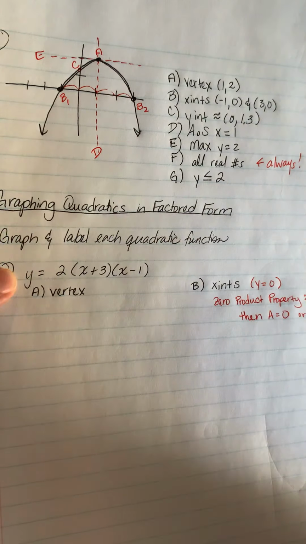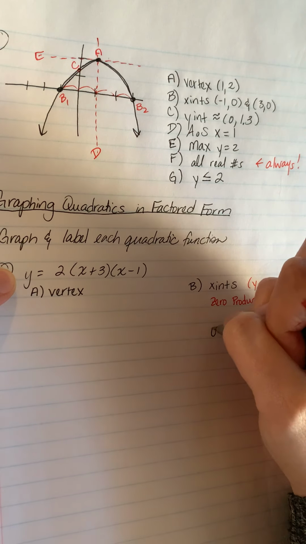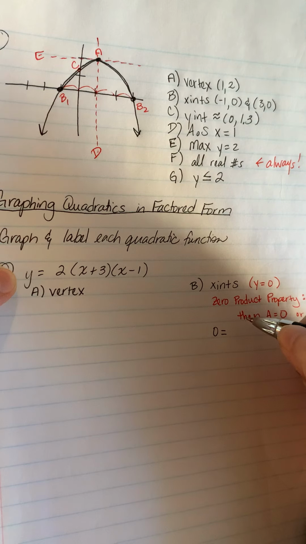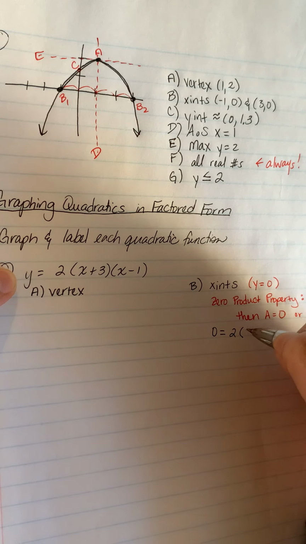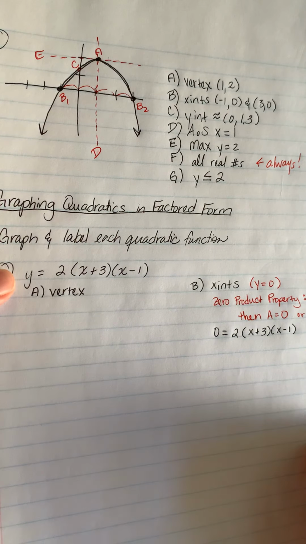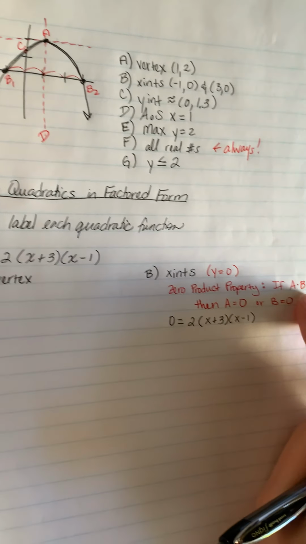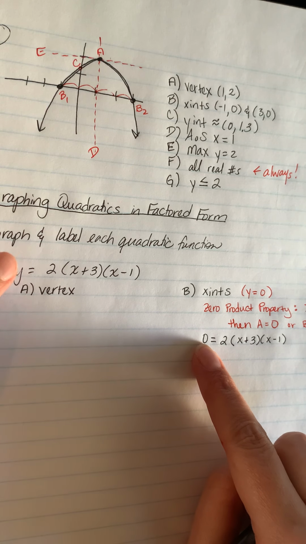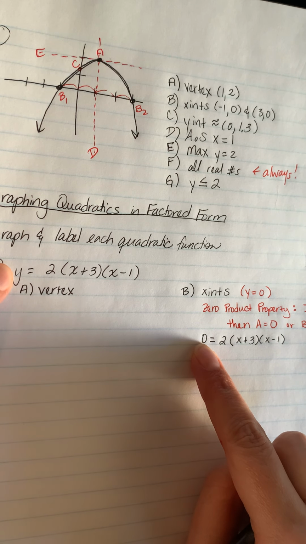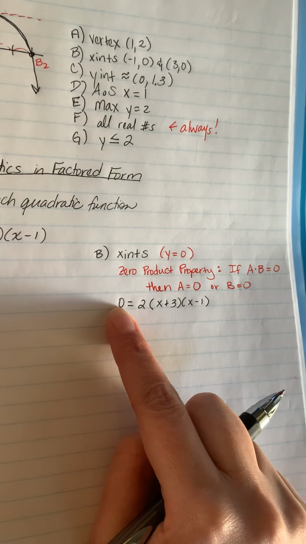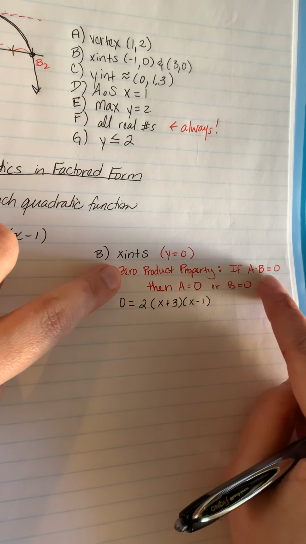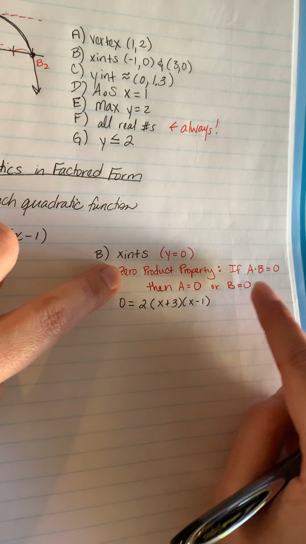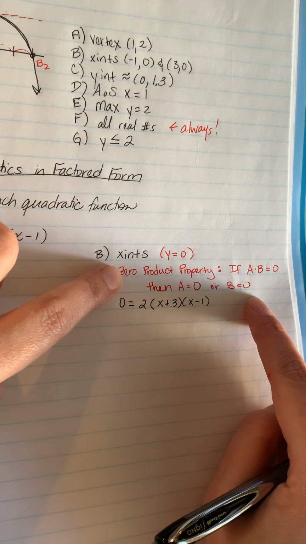Well, I'm gonna take this and say, well, 0 equals 2 times (x plus 3) times (x minus 1). Well, the zero product property says, so does everybody get that? See? 0, y? Okay. All right, so then now the zero product property says that if two things or three things are multiplied to give you 0, then one of them has to be 0.